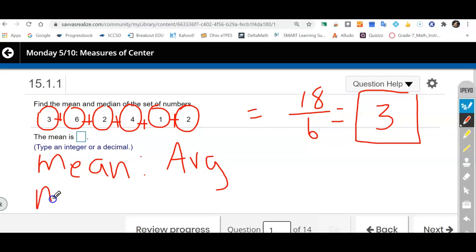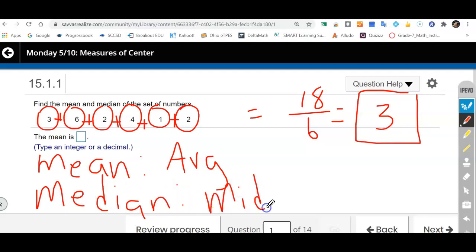The median is the next one we would have to do. The median is the middle number. Think of median. Anytime you hear the word median, it means middle.